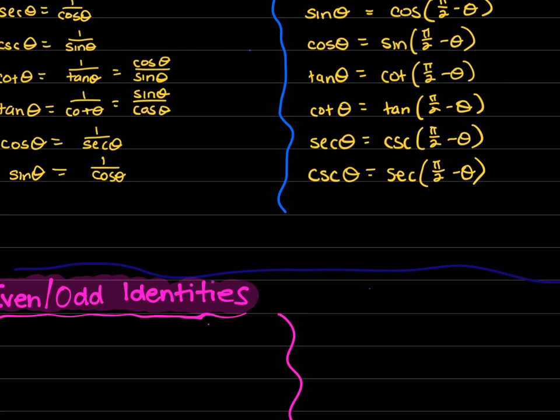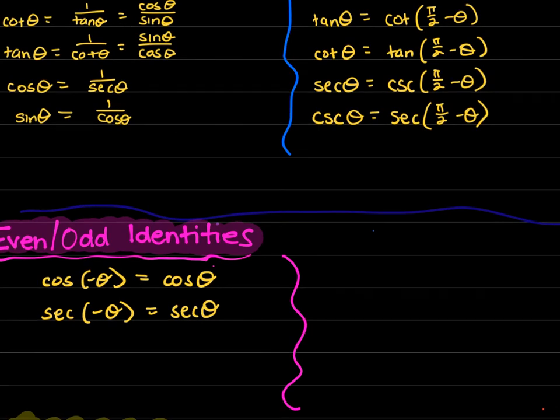Then came even and odd identities. Remember that cosine and its reciprocal function, secant, are the even ones. So cosine of negative theta is the same thing as cosine of theta, and secant of negative theta is the same thing as secant of theta.